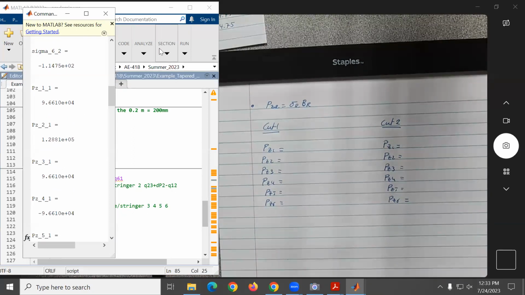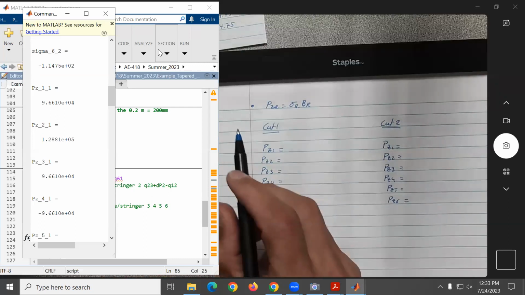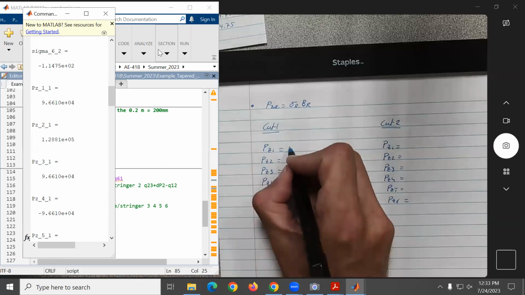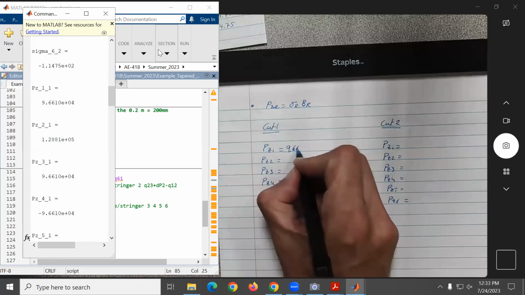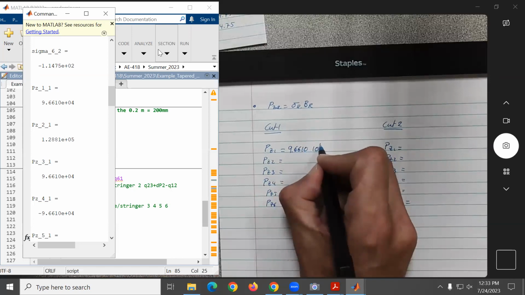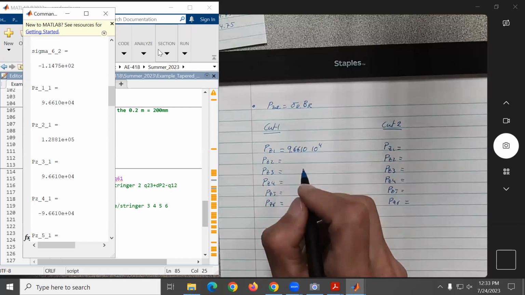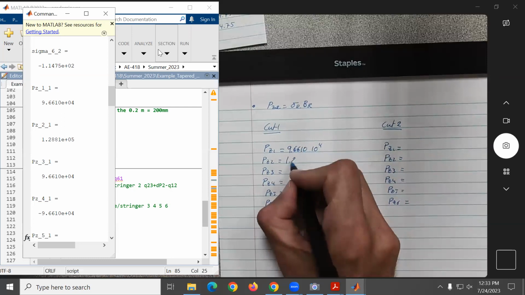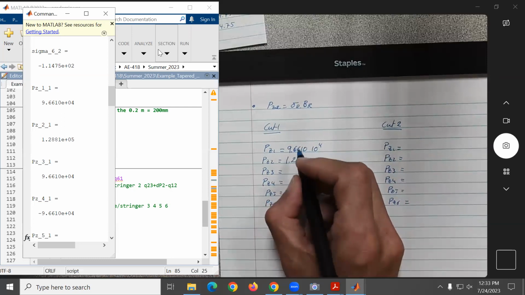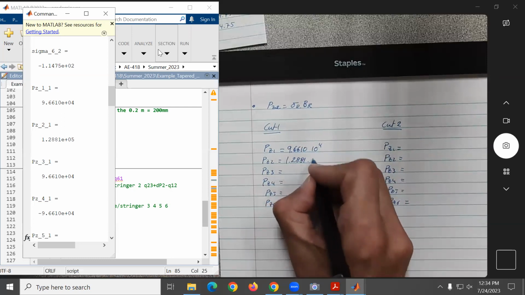Okay, so this is going to give us PZ1, I'm going to put the notation as it is, 9.6610 times 10 to the 4, so 96,610. PZ2 will be 128,000, so 1.2881 times 10 to the 5th.